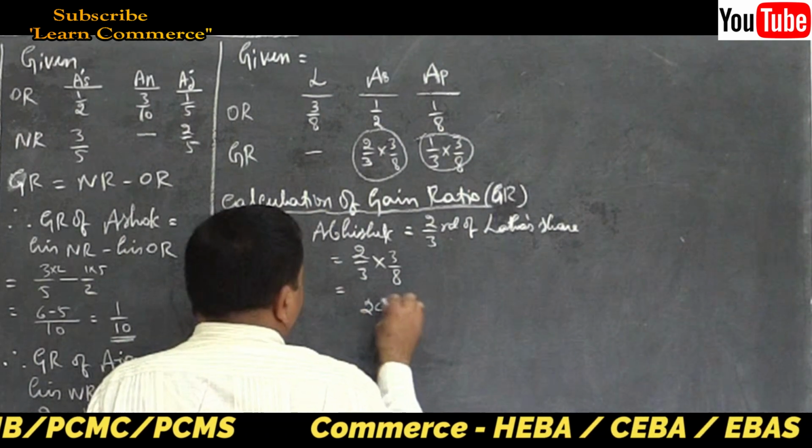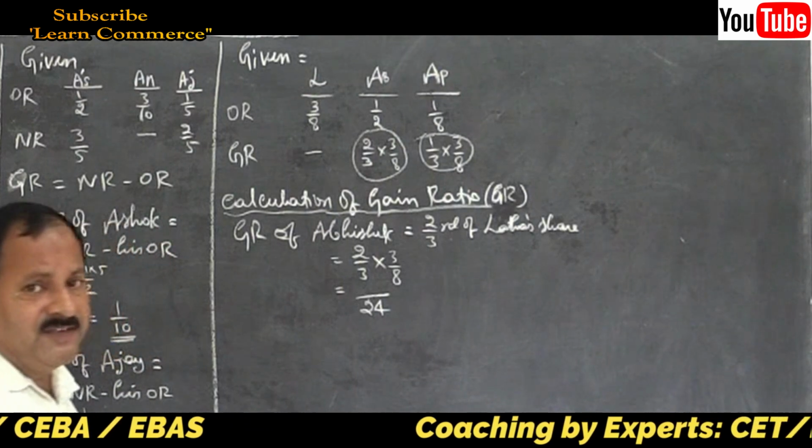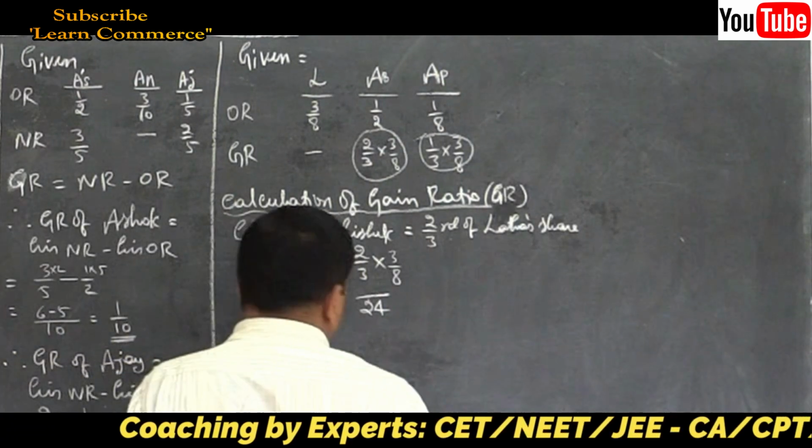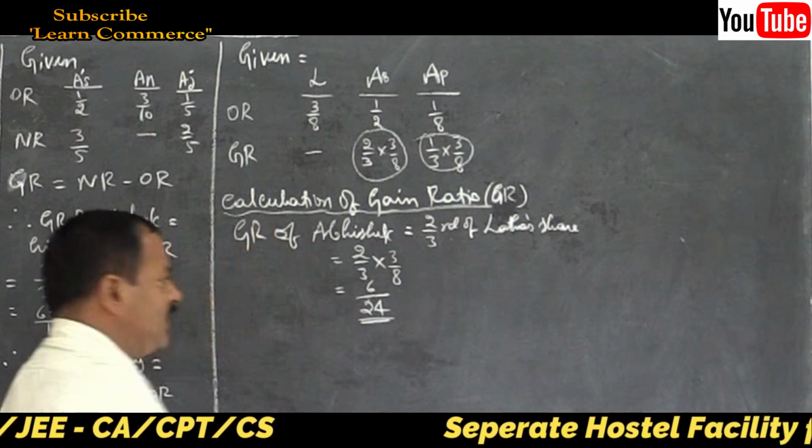Is equal to, the denominator 24 by multiplication. So straight away multiply the numerators and denominators. No need of a common denominator here. 3 2s are 6. 6 by 24. Correct?